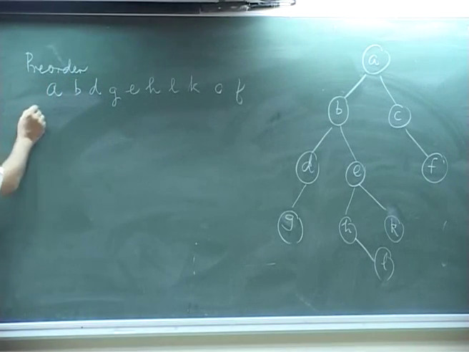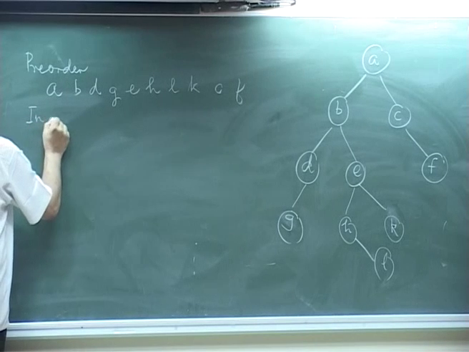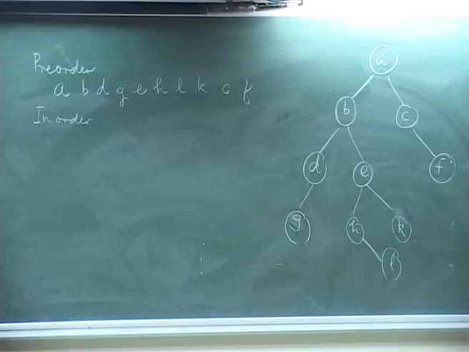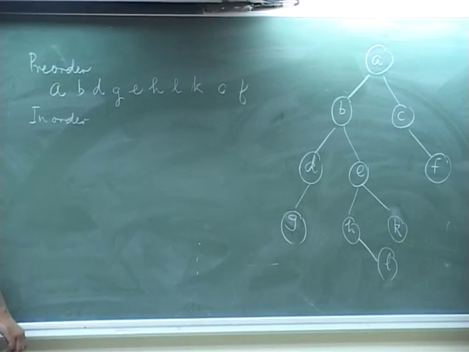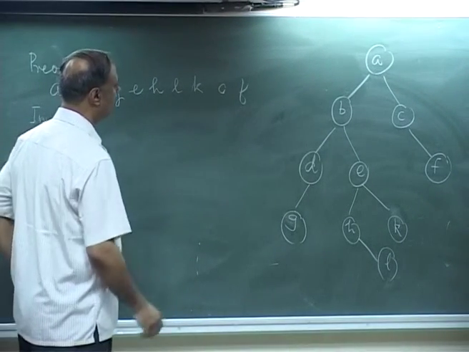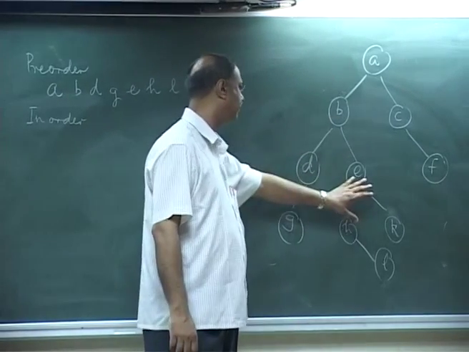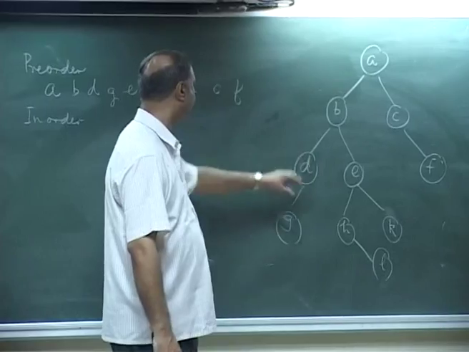Now, if I traverse in order, then first is left subtree, then root, then right subtree. Now you have come here, first is left subtree, then root, then right subtree. Now you have first left subtree, then root.